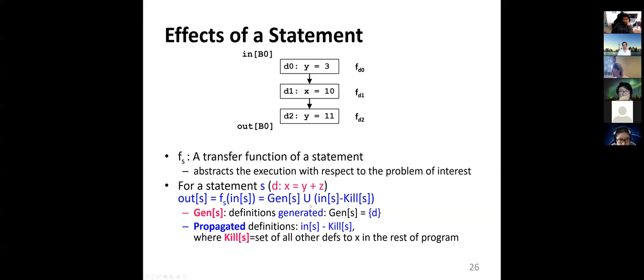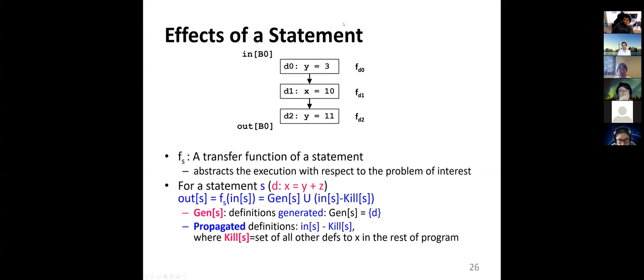Also, it has a union of everything that was given as a definition into it minus everything it's killed. So it kills all the other definitions of X that reached this point before.